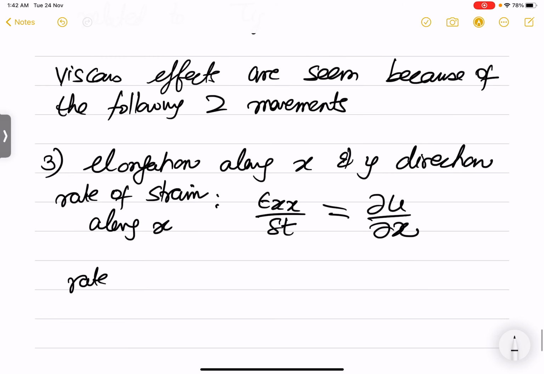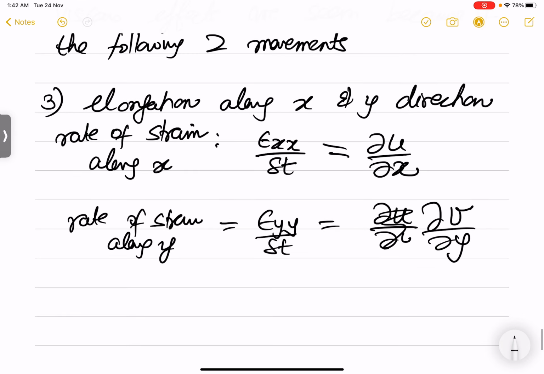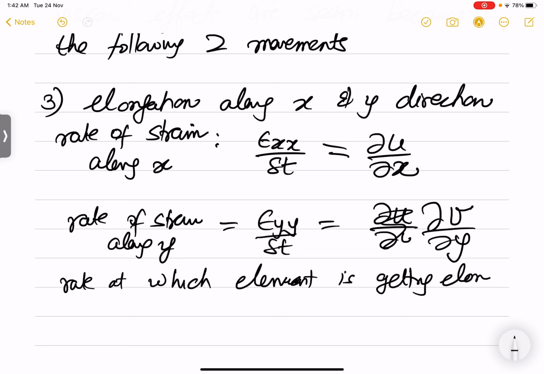And the rate of strain along y, which will be equal to epsilon yy by delta t, will be equal to partial v by partial y. So these two things tell us the rate at which the element is getting elongated.